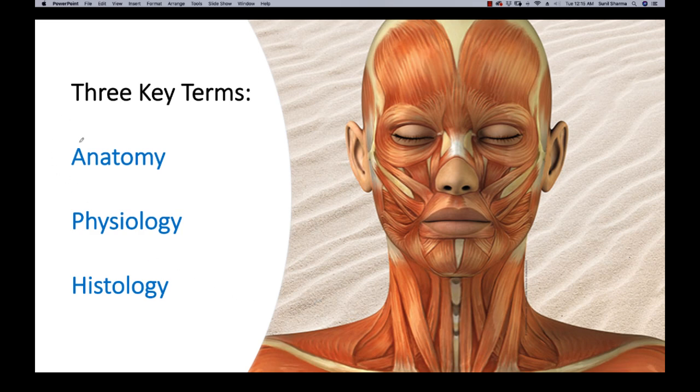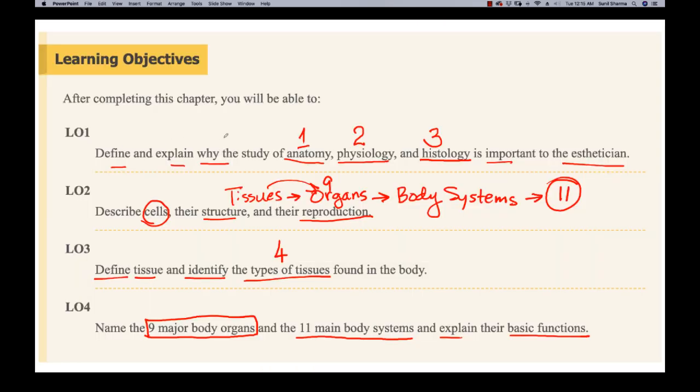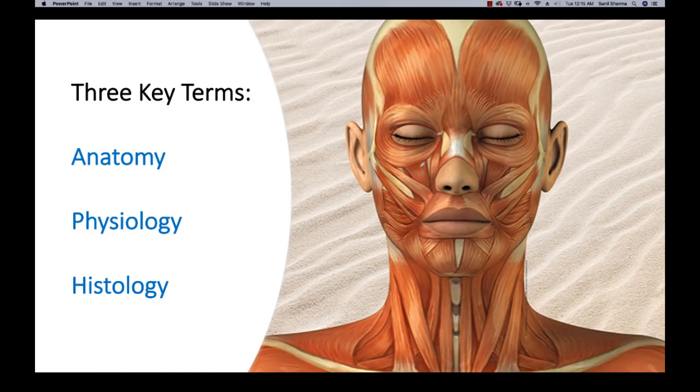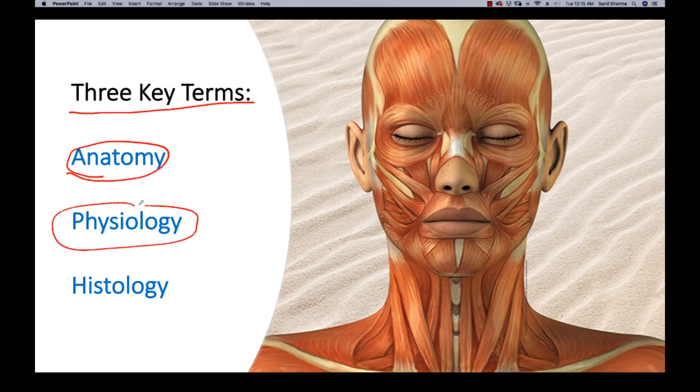The 3 key terms that we begin with right here: define and explain why we study anatomy, physiology, and histology. We already looked at that. Let's take a look at these 3 key terms. What is anatomy? What is physiology? And what is histology? Anatomy is the structure. So I'll just draw a body structure, let's say. Physiology is the function.